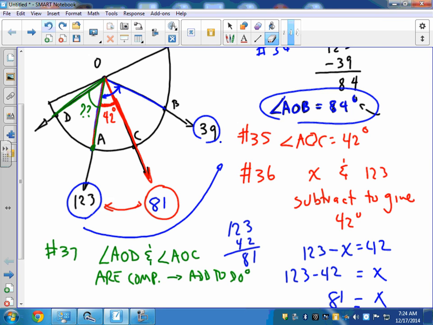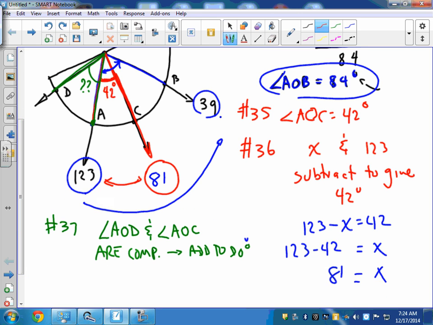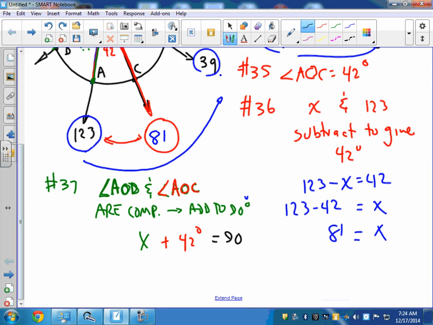Okay, so we already have figured out AOC from the earlier part. So AOC, this red one, we knew was 42 degrees. And so we have to come up with this green one. Let's call it X just for a minute. That's AOD. And the answer has got to be 90. Okay, so that's not too terribly hard. Just go ahead and subtract 42. So X works out to be 48 degrees. Okay, so 37. Measure of AOD is 48 degrees.